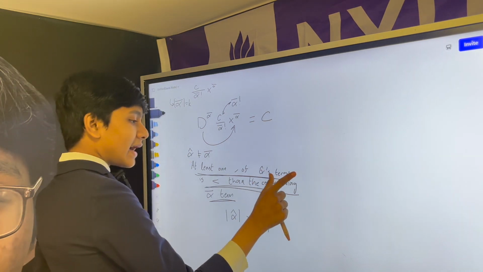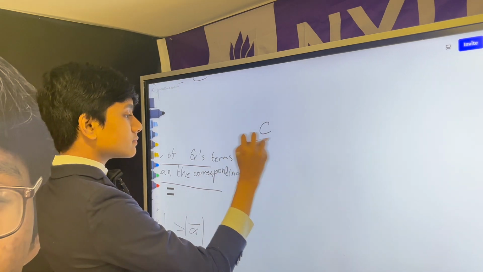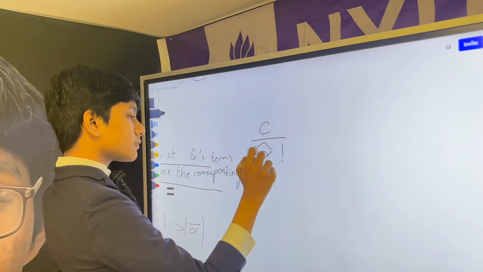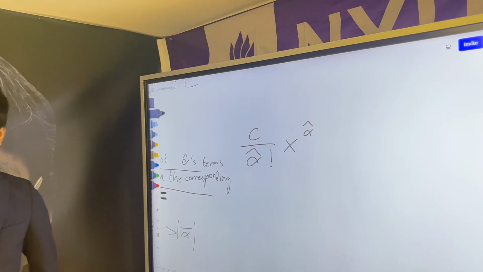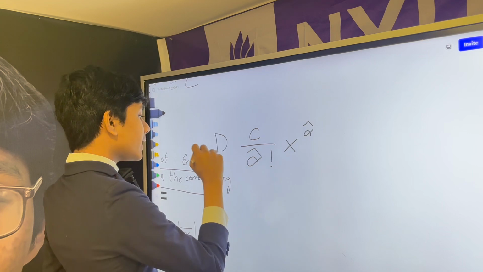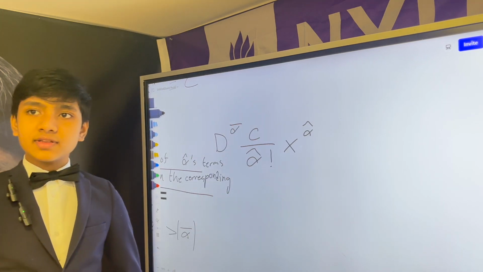So then, what is alpha hat's term going to look like? Now what happens when we take the alpha overline derivative of this?